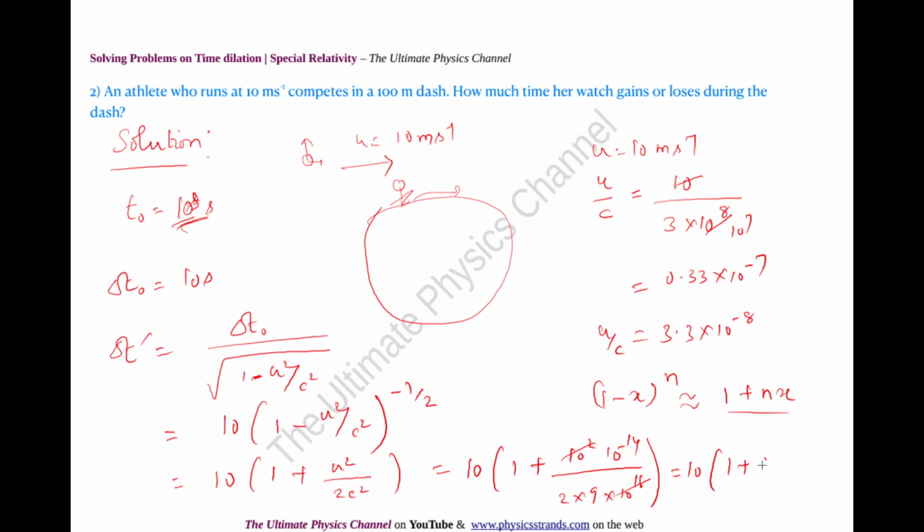And that would be 1 plus 0.0 — let's say some 3 digits I'm taking — 3 into 10 power minus 14, right?